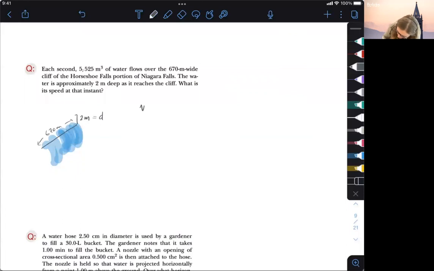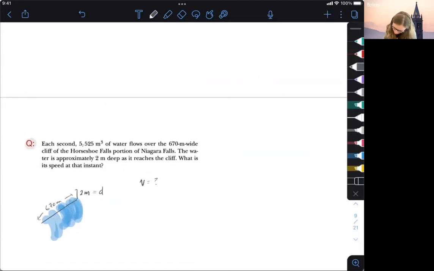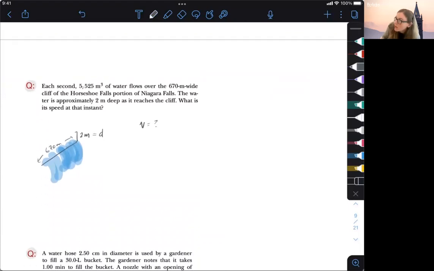So in this case, we want to look at the cross-sectional area of the water. This is the cross-sectional area that we talked about, right? The water is going through this rectangular surface.